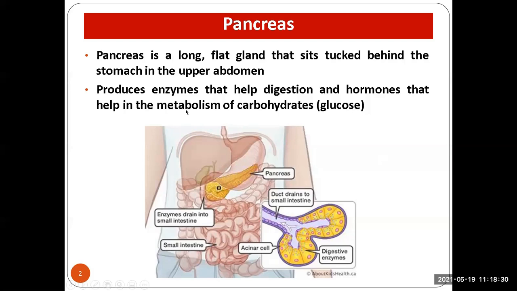It produces enzymes which help in digestion, and it also produces hormones which help in the metabolism of carbohydrates. I'm talking about insulin and glucagon.